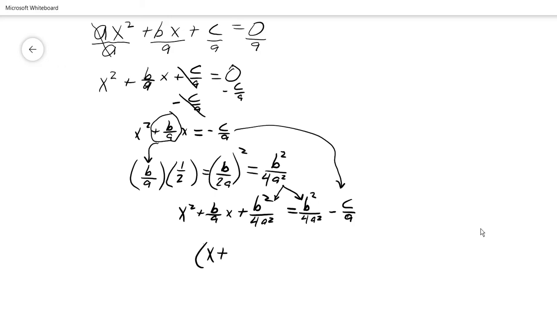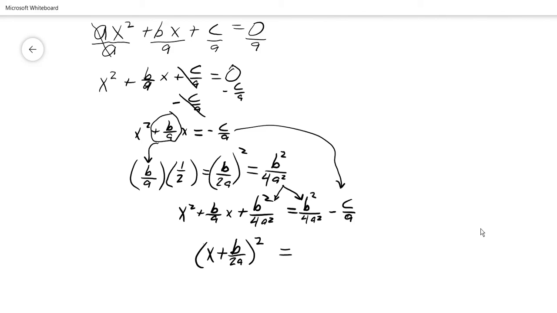You take that middle term after you did the 1/2, but before you squared, that's what goes right here. b over 2a, close the parentheses, and this is squared. And if I multiplied x plus b over 2a times x plus b over 2a, I would get x squared plus b over ax plus b squared over 4a squared. That was the whole point of the whole add to both sides of the square of 1/2 coefficient of x.